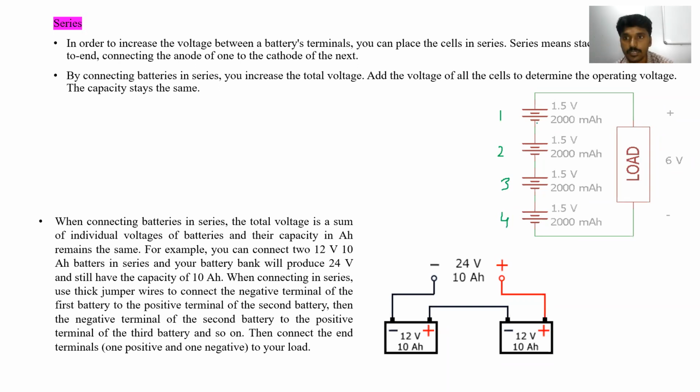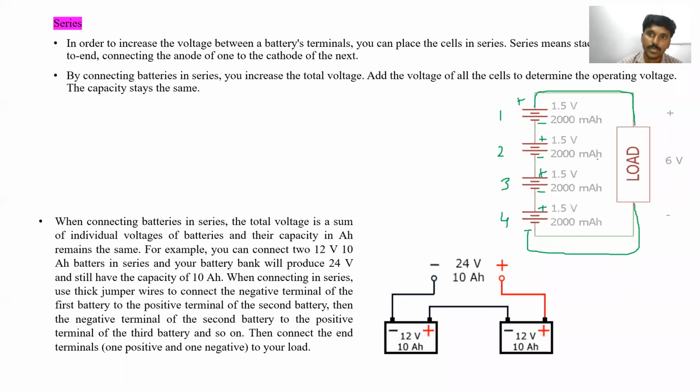The negative plate of this cell is connected to the positive plate of the next cell, the negative of the second cell to the positive of the third, and the negative of the third to the positive of the fourth. Then the positive of the first cell and the negative of the fourth cell are connected to the load.